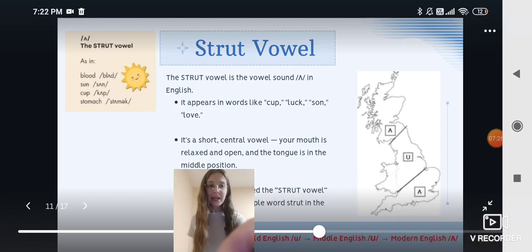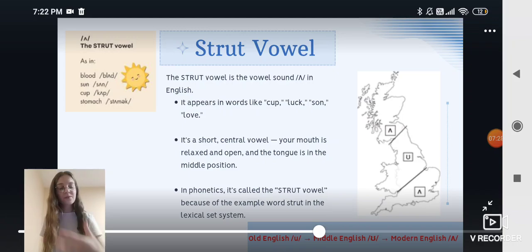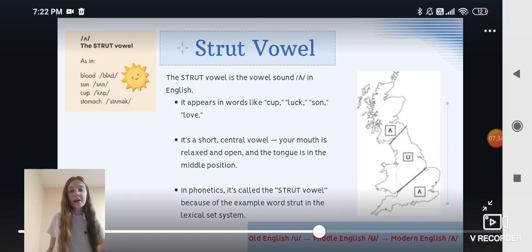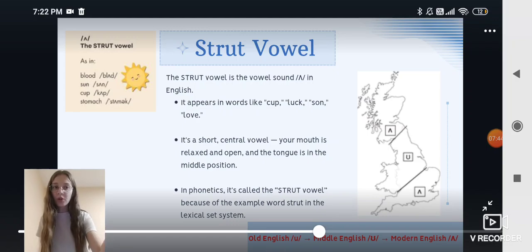This is a widespread usage of the strut vowel, but still, the people who live in Middle England sometimes don't use the strut vowel, while in the London side of Britain, it's very common to use it.